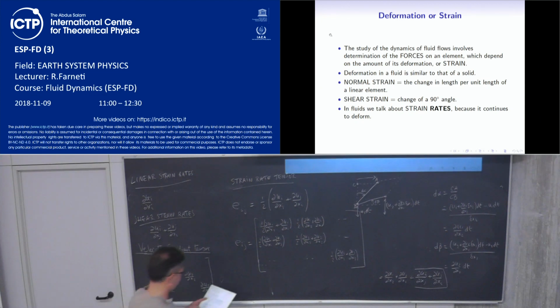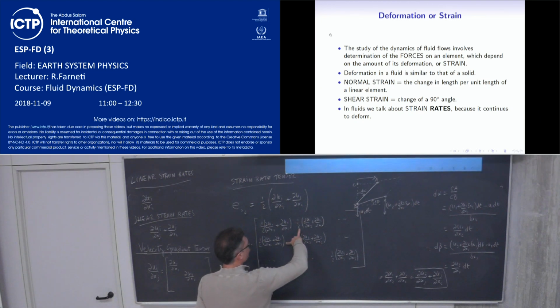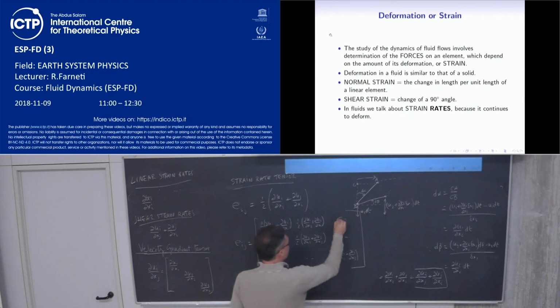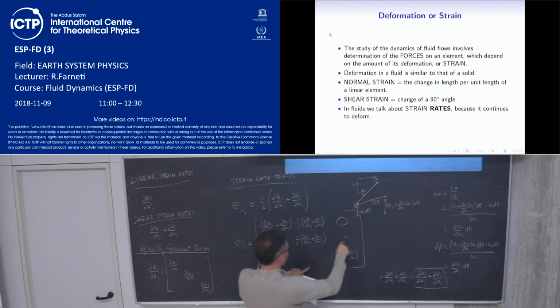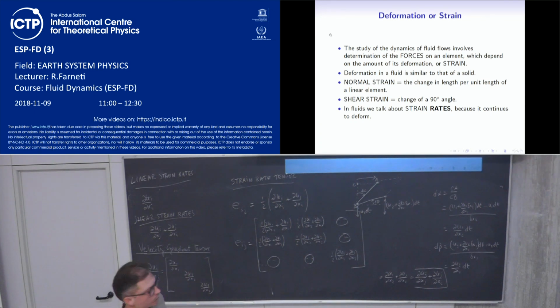Okay? So these two are the two halves of one shear strain rate, then this and this will be the other two halves of the other shear strain rate, and these two are going to be the other two halves of the remaining shear strain rate.